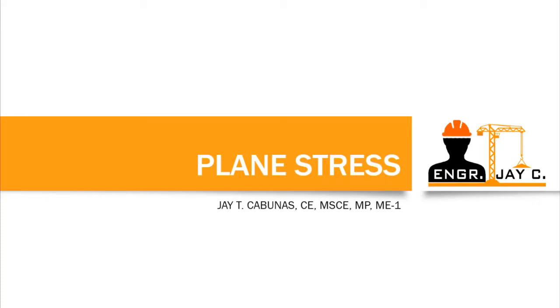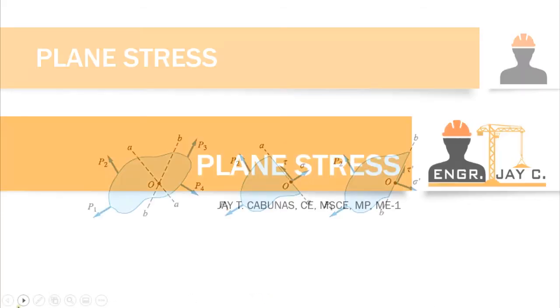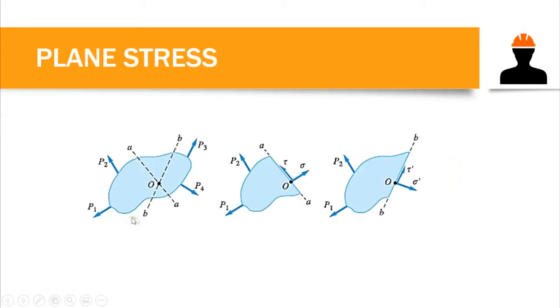Now what if we have a structure which experiences both stresses, or there is a combination of normal and shear stress? For example, in this figure here, let's say this is a structure which is being subjected to different types of loadings.